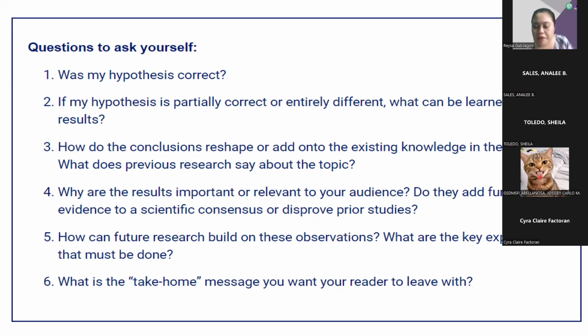So you have to explain why you are rejecting your hypothesis. Diba? When you say your hypothesis is just partially correct or entirely different, you really need to give explanation to your reader. Why is it not correct? What can we learn? What can we get from the findings of your study? Why it does not affirm your hypothesis?